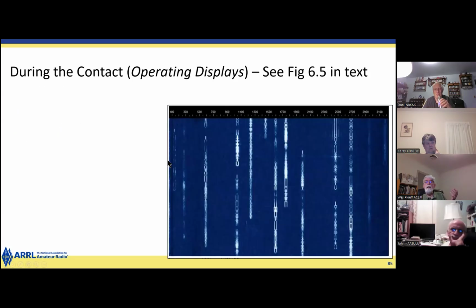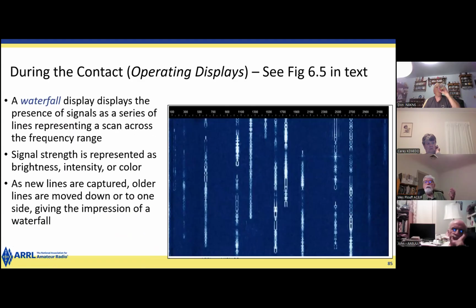Okay, so I want to talk about waterfall displays for a minute. This is a waterfall display, and I'm going to show you a couple of brief videos in just a minute. But the idea of a waterfall display is it shows you in real time what's happening, and the signals drift from the top downward. So the most recent signals are at the top, and the oldest signals, which can be several seconds or even minutes old, are down at the bottom.